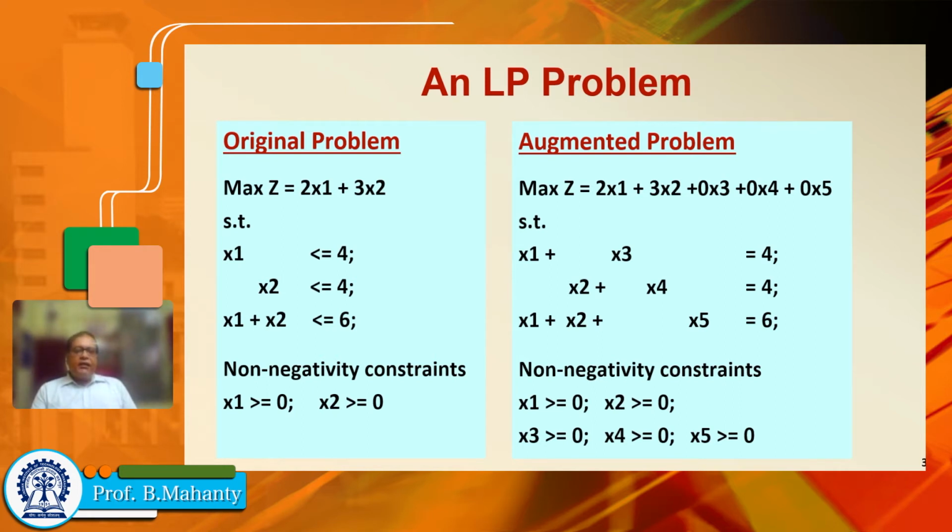So at any point the equations are written in such a manner that there are some basic variables. The basic variables occur in only one equation with a coefficient of 1, so that together all the basic variables form a unity matrix, and that we call the canonical form.